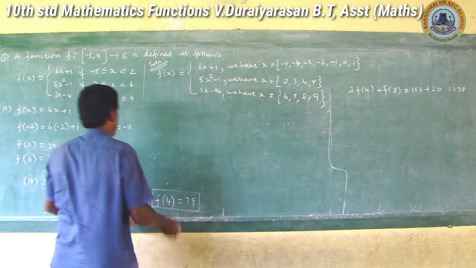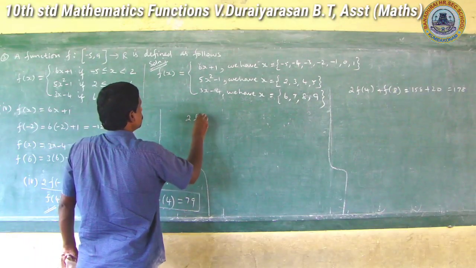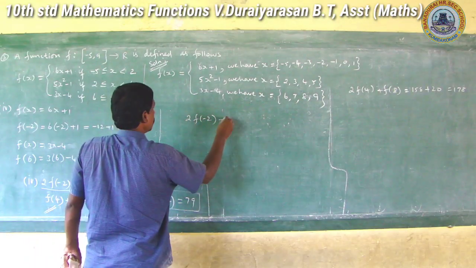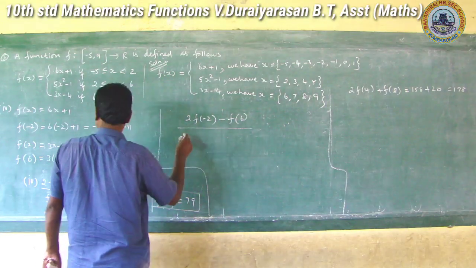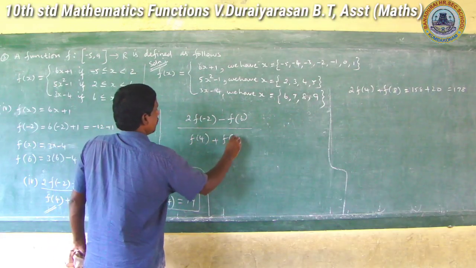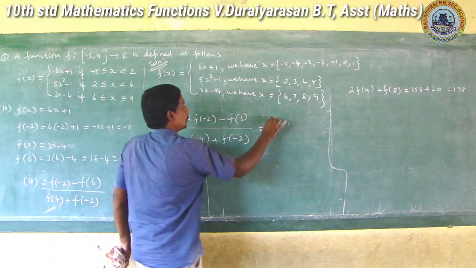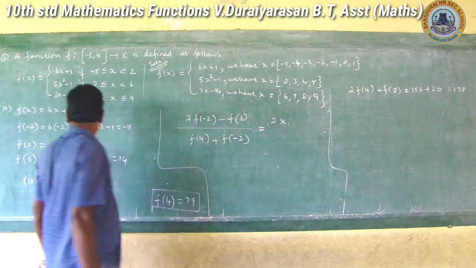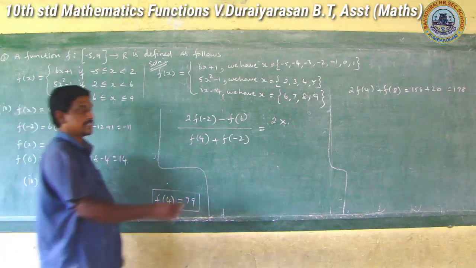So what is the value of question number 4? 2 into f of minus 2 minus f of 6 divided by f of 4 plus f of minus 2 equal to. 2 into f of minus 2. f of minus 2 equal to what?